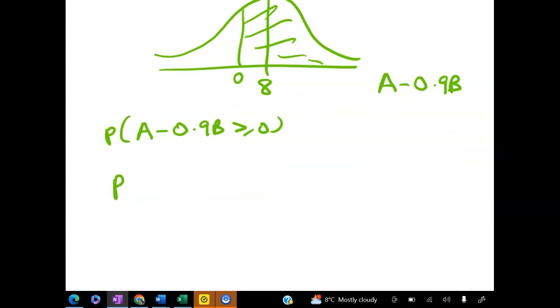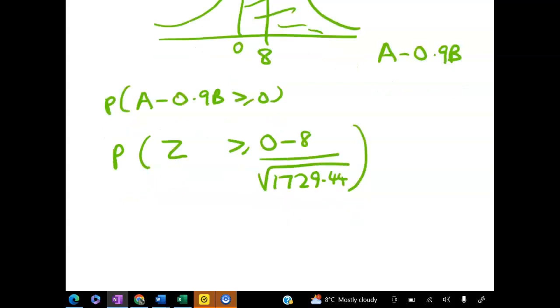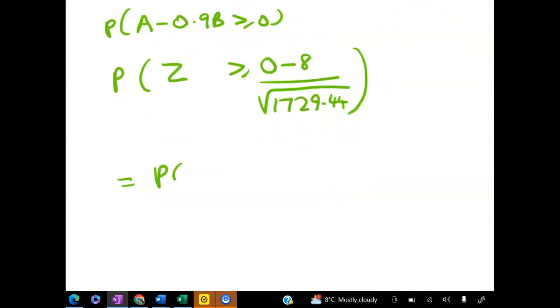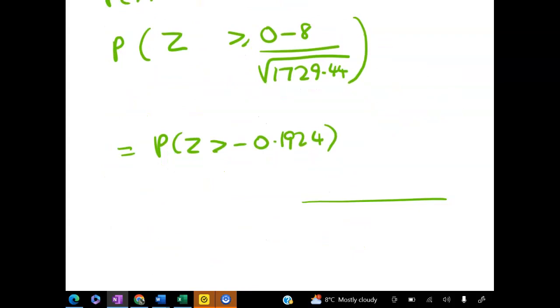We're just standardizing. So we're going to take off the mean, which is 8, and we're going to divide by the standard deviation, which is the square root of the variance. So we get this, and then we get the probability that Z is greater than negative 0.1924, which fits with my picture. So here's my Z picture.